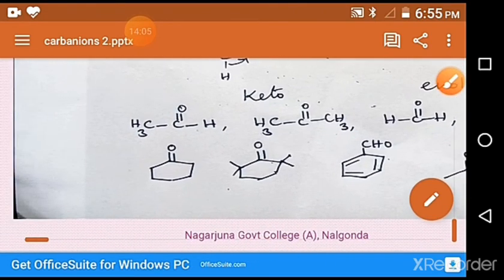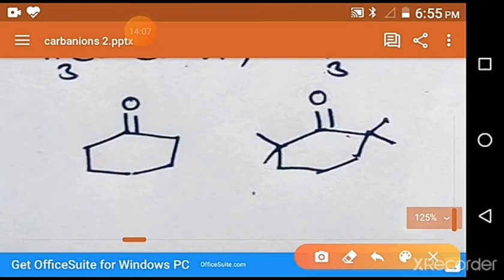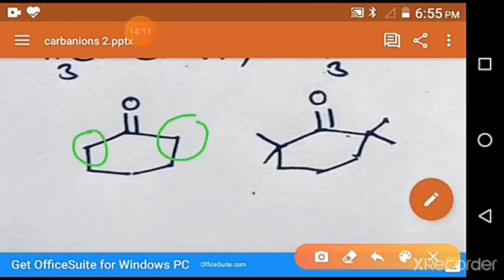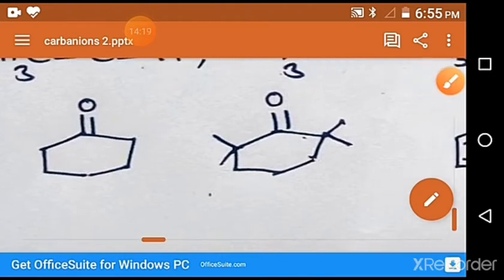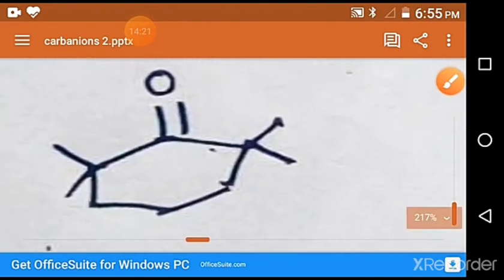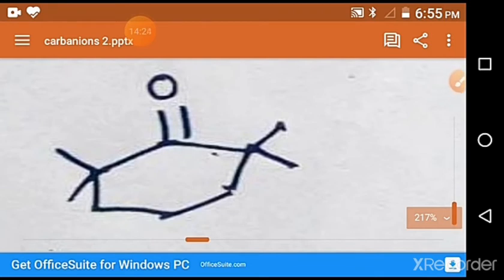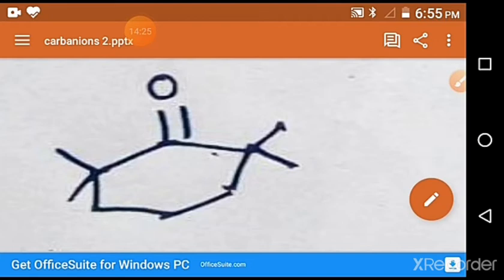Then coming to cyclohexanone. This cyclohexanone has 4 alpha hydrogens. That's why this compound exhibits tautomerism. Coming to this compound, this is also cyclohexanone, but it has 4 methyl groups attached to the 2 alpha carbons.